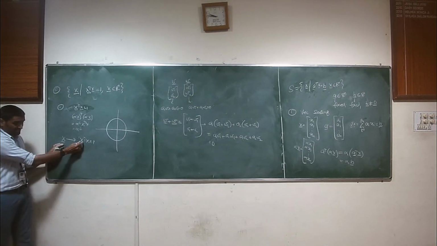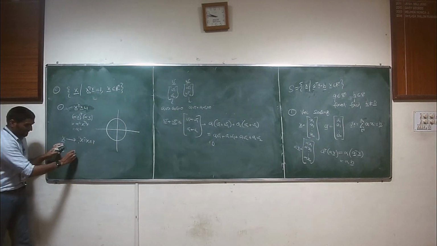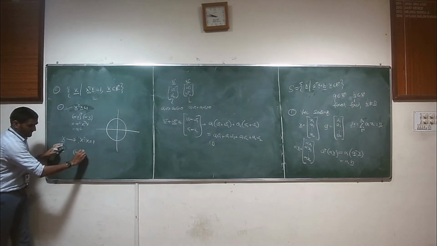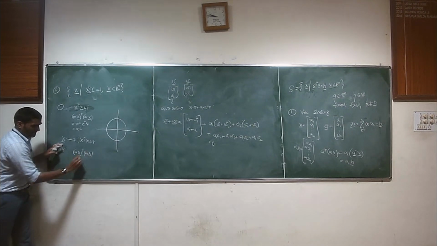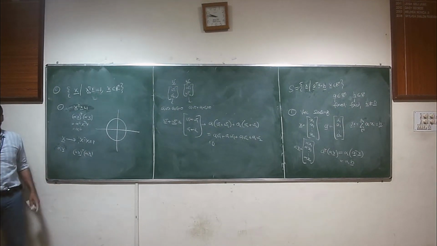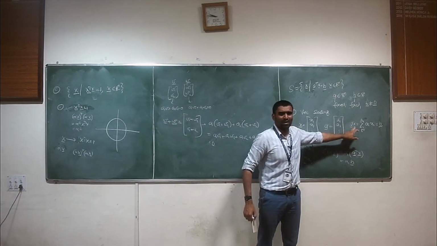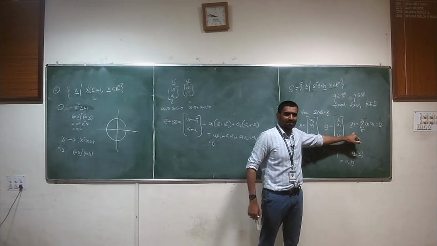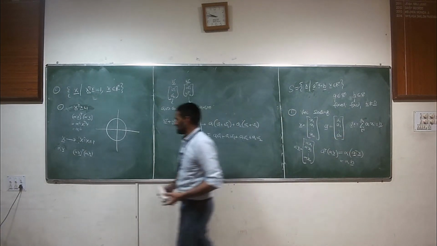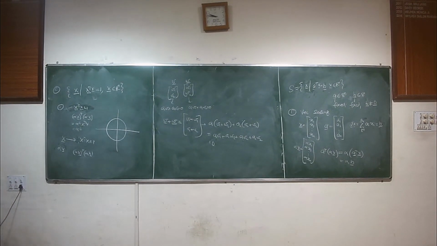This whole thing is X. And because X appears 2 times, you're asking whether this satisfies this property. That is why you get these 2 alphas. Whereas there, only 1 alpha appears because you only have 1 X. Is it clear? Okay.